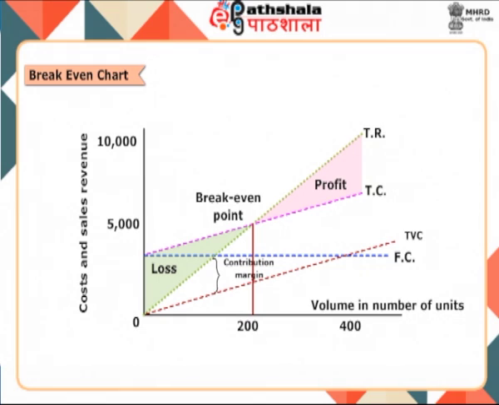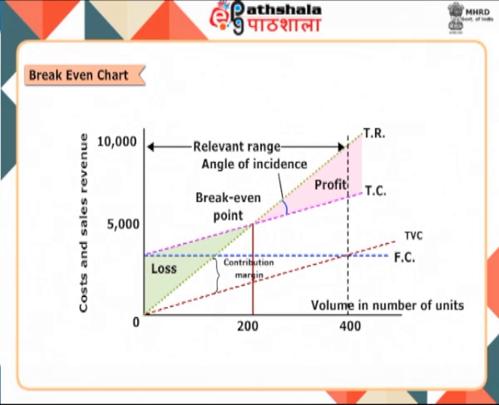The angle made by the total cost line and total sales line is called the angle of incidence. A large angle of incidence shows a higher profit rate.